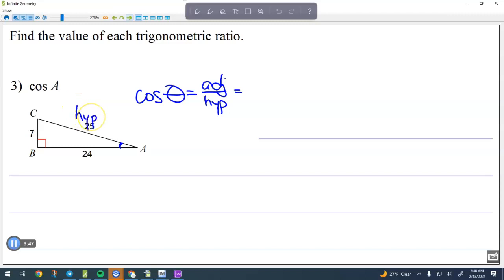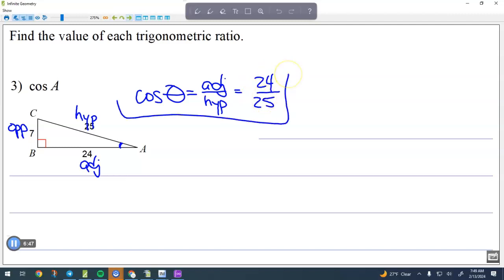It's the longest, so the longest one is always the hypotenuse. The one that this A is not touching, way across here, is your opposite. But I don't even need opposite for this problem. I'm gonna label it, but I'm not gonna use it. And the one next to A is your adjacent. Then you just fill it in. The adjacent is 24. The hypotenuse is 25. And that's your answer.